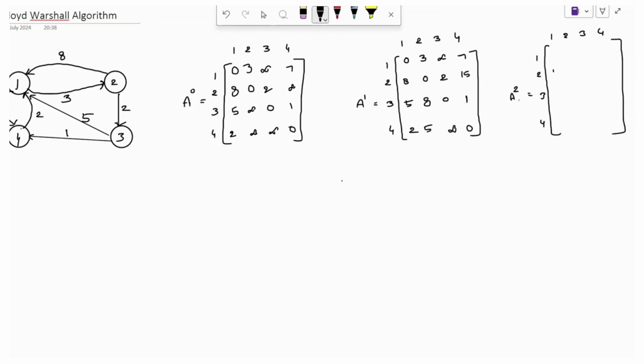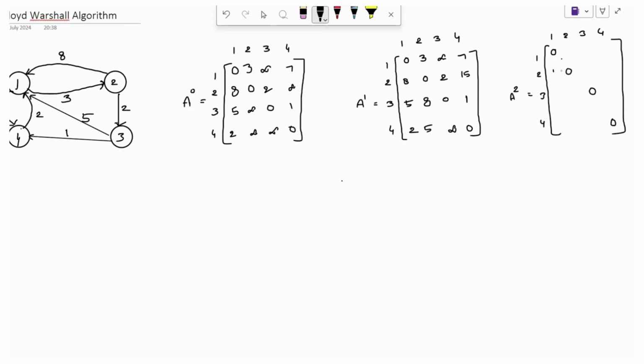Now let us calculate the A2 adjacency matrix. So we have to follow the same process as A1. The A2 adjacency matrix will represent the distance between pairs of vertices through vertex 2. Anyways the diagonal elements will be 0: 1 comma 1 is 0, 2 comma 2 is 0, 3 comma 3 is 0, and 4 comma 4 is 0.